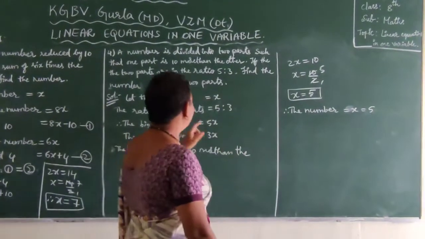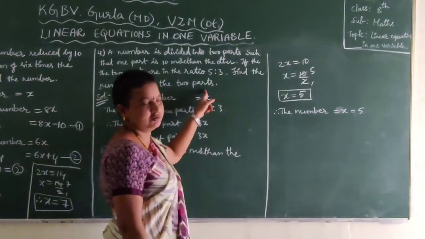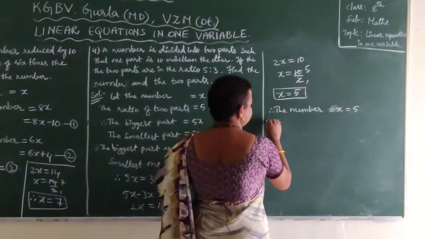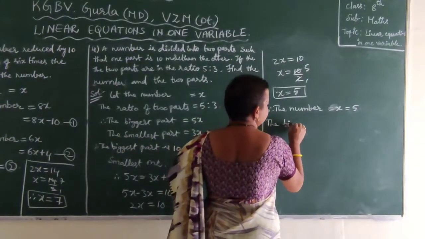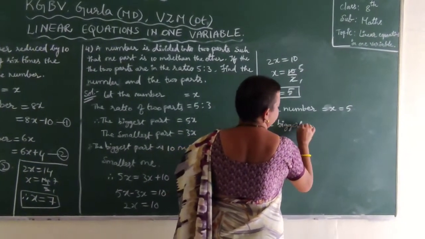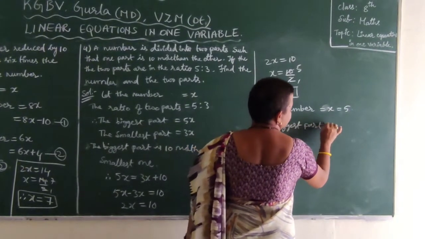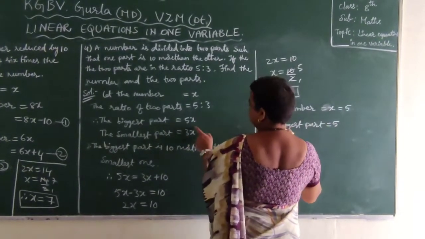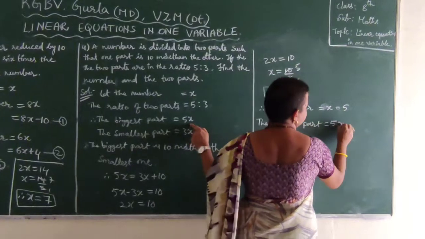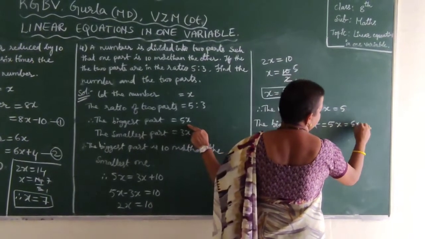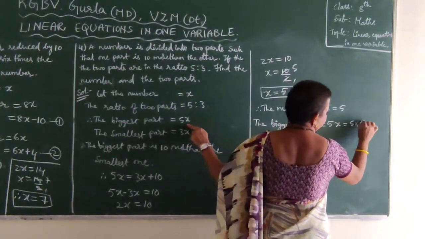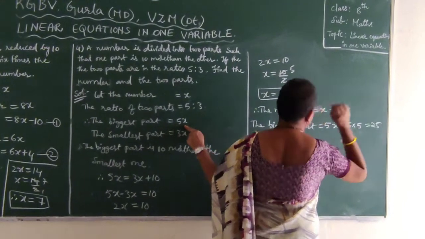Now we have to find the two parts also. So the first part means the biggest part. The biggest part is equal to 5x, equal to 5 into 5, x means 5. 5 fives are 25.